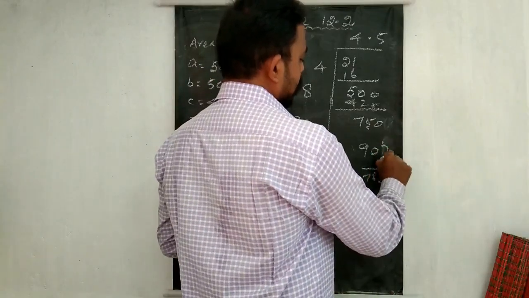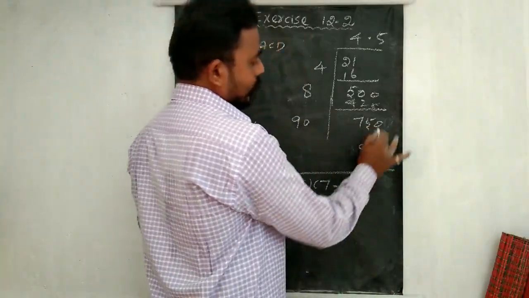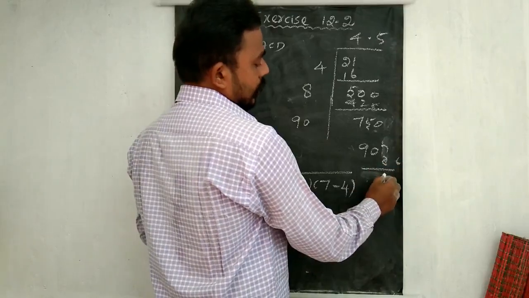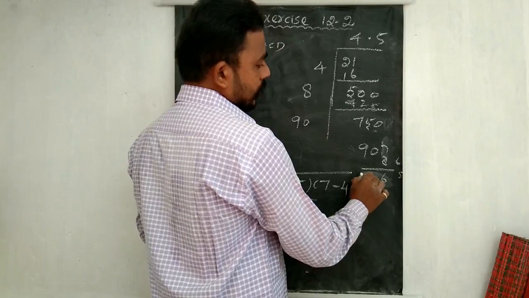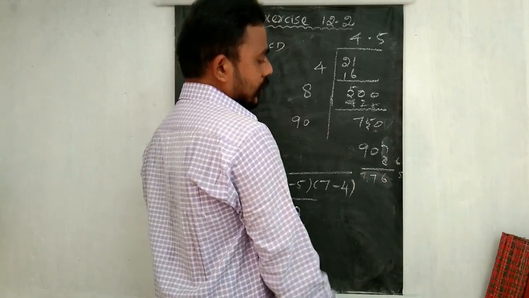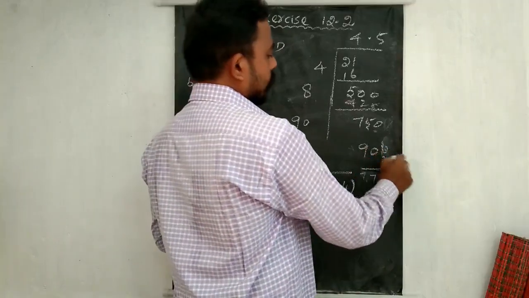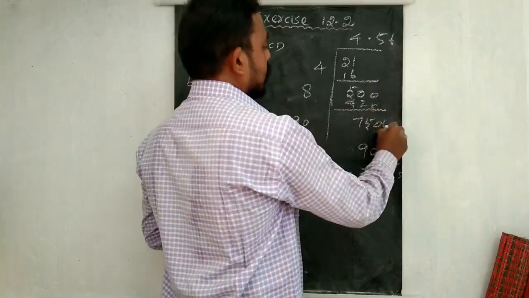Seven can be reduced... 7 7s are not possible, so 6 is possible. Introduce 6.